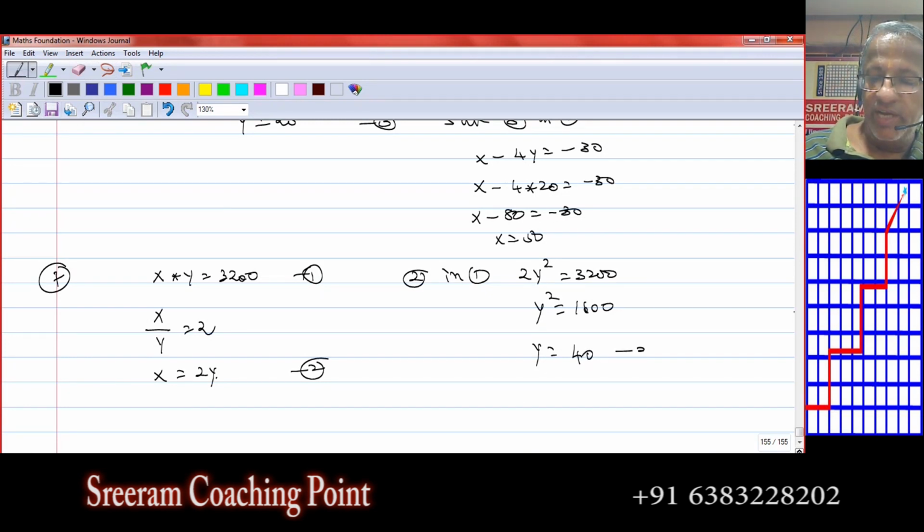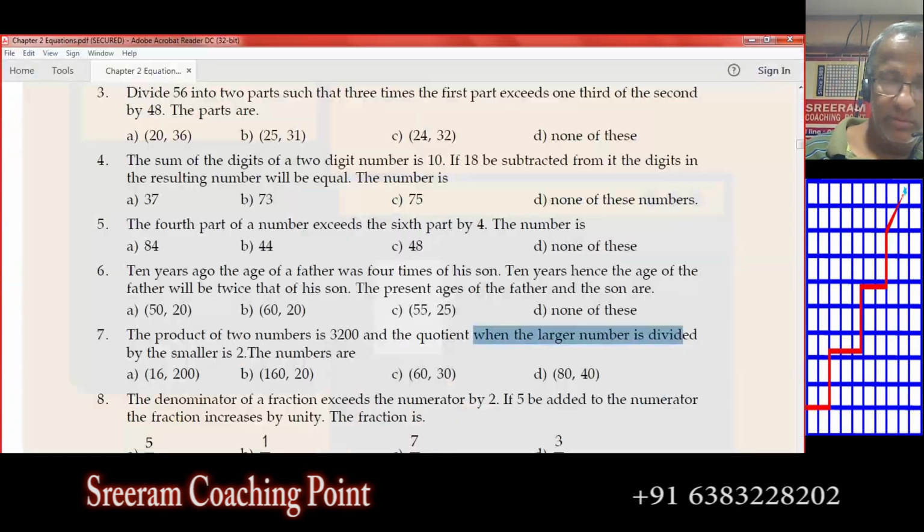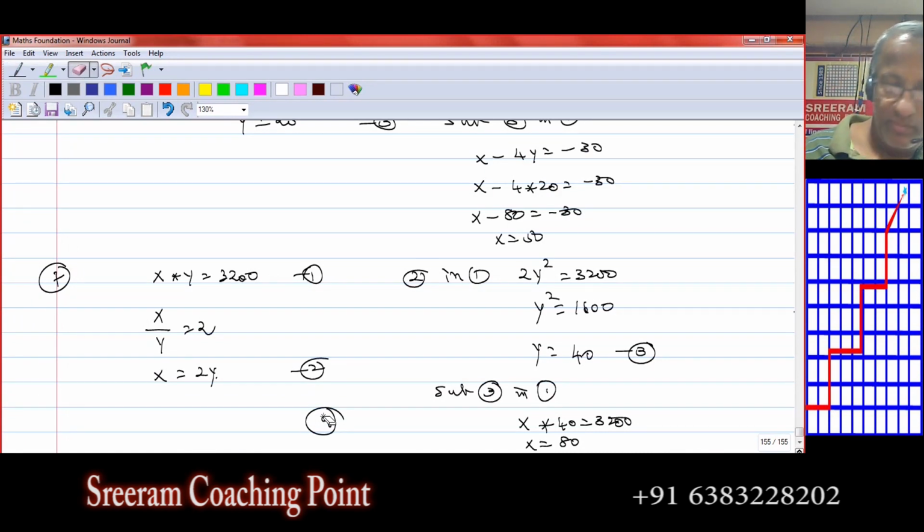Then this is item number 3, substituting 3 in 1. X into 40 equal to 3200, x equal to 80. So answer is A. Sorry, D. Extremely sorry, D. 80, 40. Am I right?